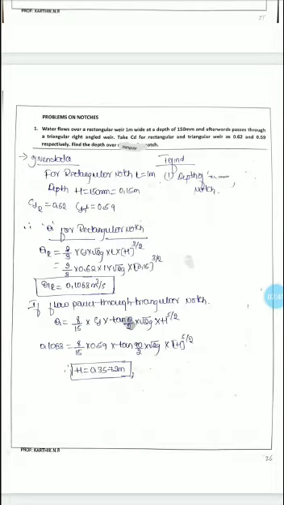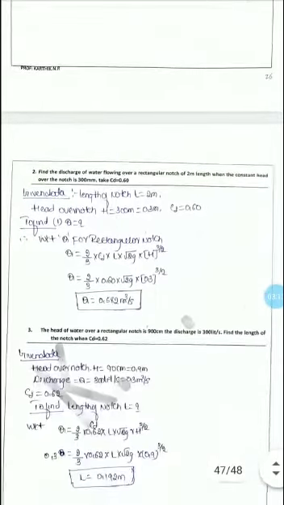Here the discharge is the same, 0.1063, with 8/15, the coefficient of discharge 0.59, and theta is 90 degrees, so tan 45 is 1, into root 2g, then H raised to 5/2. By simplifying this formula, we get H as 0.3572. See, this is the solution to the given problem.